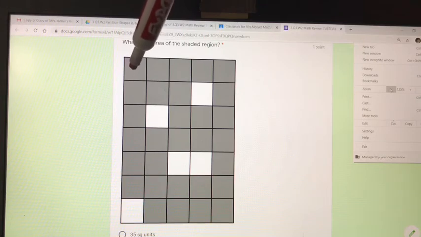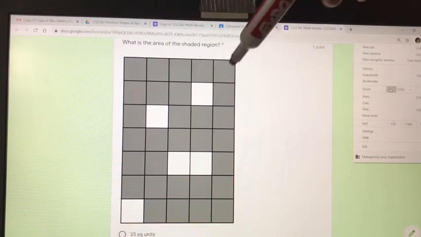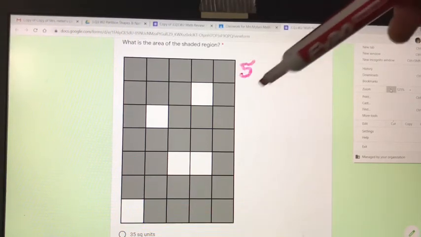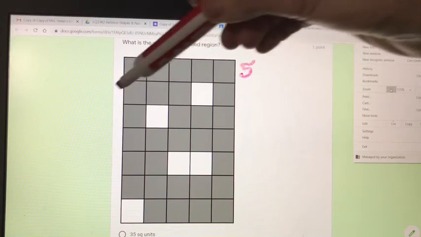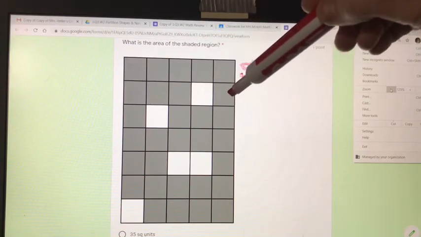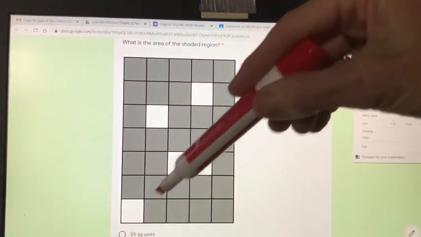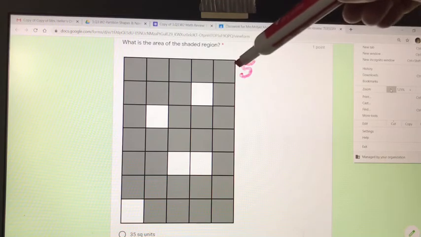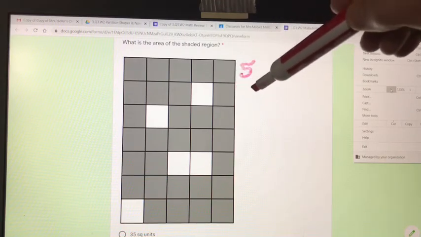If I count the squares going across, I have 1, 2, 3, 4, 5. And if I keep doing that, 1, 2, 3, 4, 5, right now I'm going to just ignore the fact that those aren't shaded in. I'm going to use them. So it looks like I have 5 going across every single time.